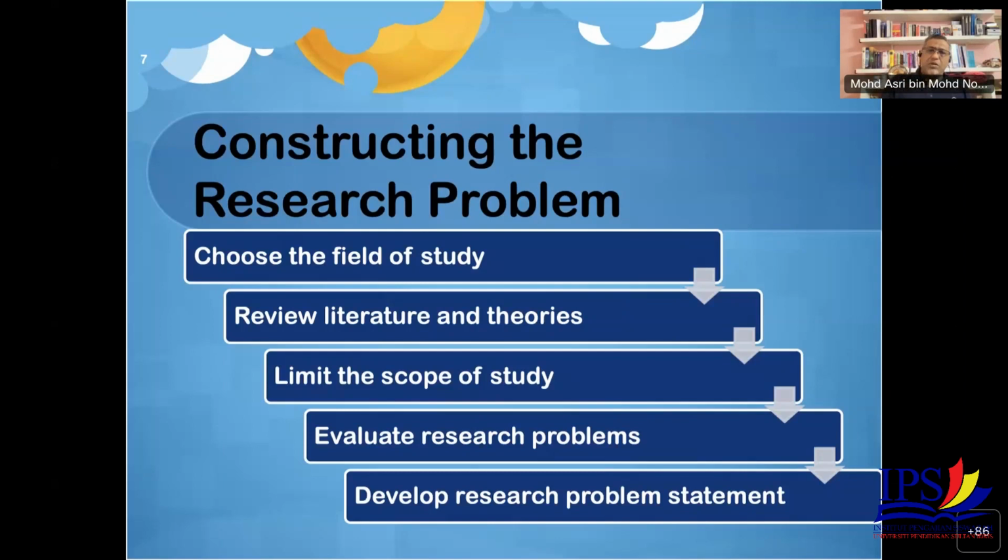Yes, no problem. So let's say your intuition or your gut feeling says that a certain group of students are more prone to be involved in suicidal activities. Okay, that is your gut feeling, your intuition. So that would trigger you to do the research, but that alone cannot be used in writing your problem statement.